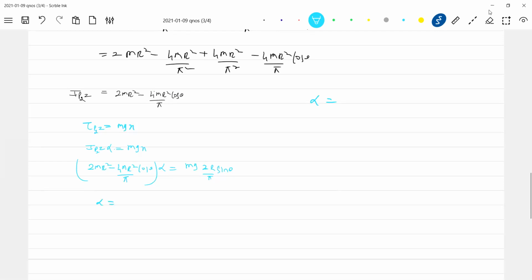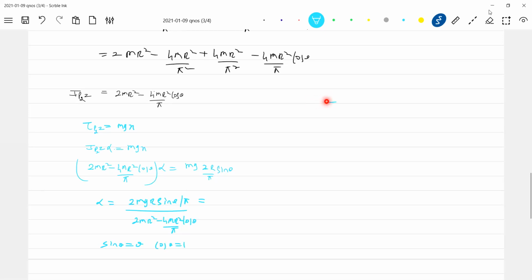Alpha should be equal to 2 mgR sine theta by pi, divided by 2 MR square minus 4 MR square by pi cos theta. Theta will be very small, so sine theta will be theta, cos theta will be 1.